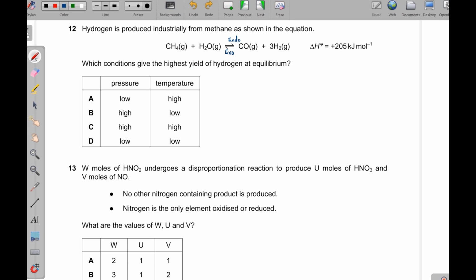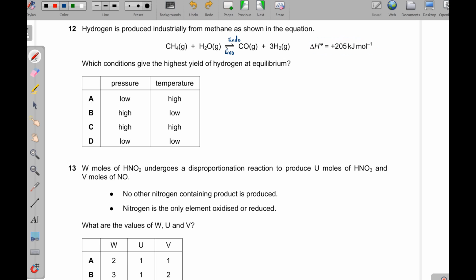Now here we are going to use Le Chatelier's principle. If we alter one or more of the factors which affect dynamic equilibrium, then the position of equilibrium shifts to the side that minimizes the change. Now, when you look at this one, it is endothermic.